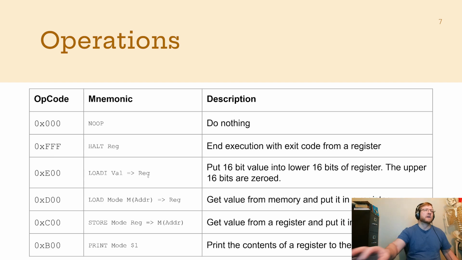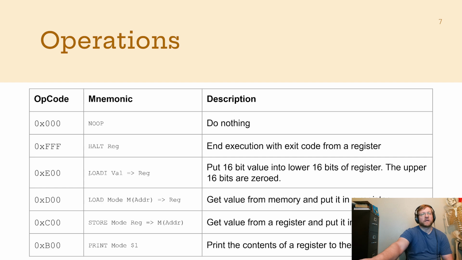This is going to take a 16-bit value and load it into a register. But our registers are 32 bits, so it's basically the lower 16 bits, which means we can represent numbers from 0 up to 65,535 in our register directly. The upper bits will always be zeroed.